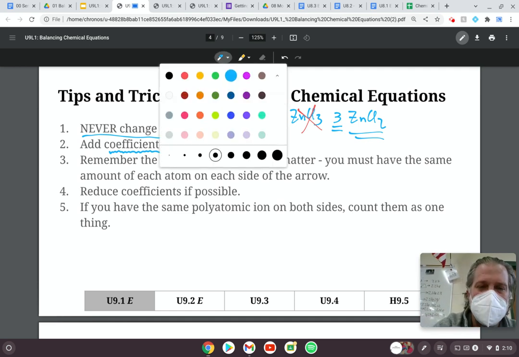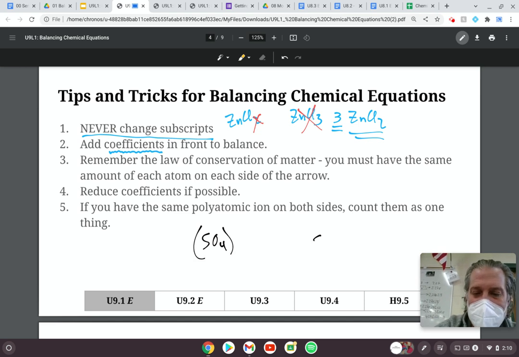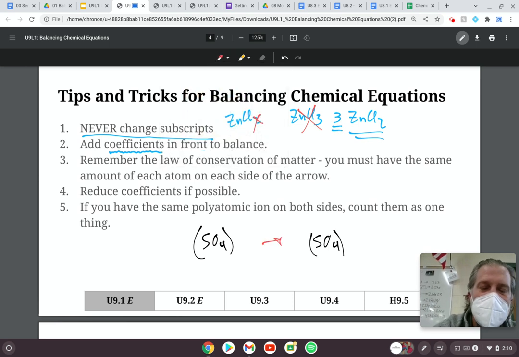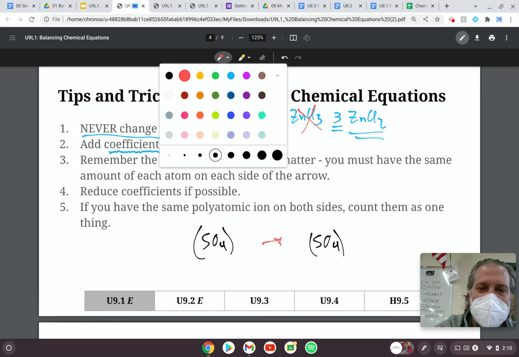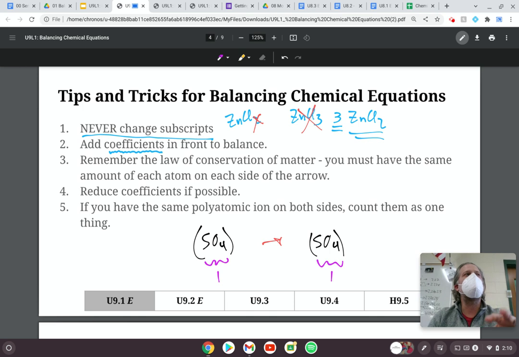So what I mean by that is if you see something like sulfate on the reactant side and sulfate on the product side, we can treat it as one unit. So I would say that you have one sulfate here and one sulfate there. So you wouldn't have one S and 4 O's on both sides. You just have one unit of sulfate. Does that make some sense?